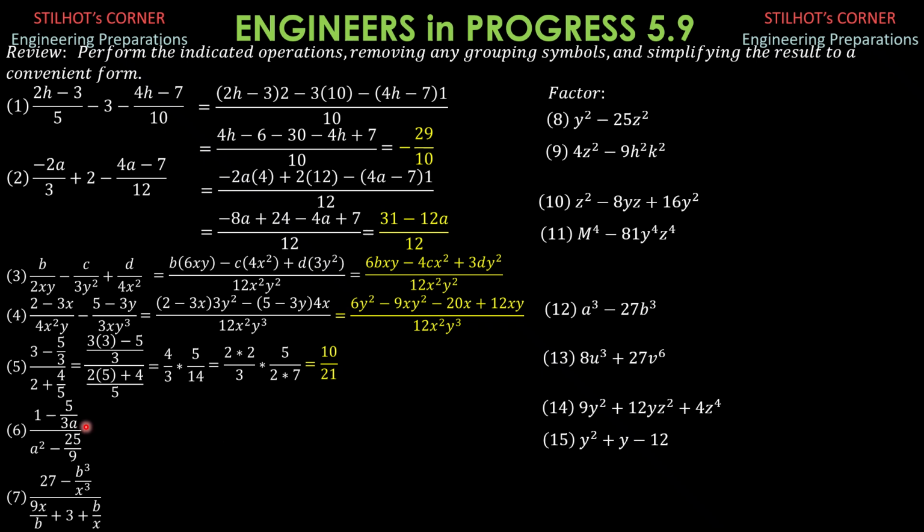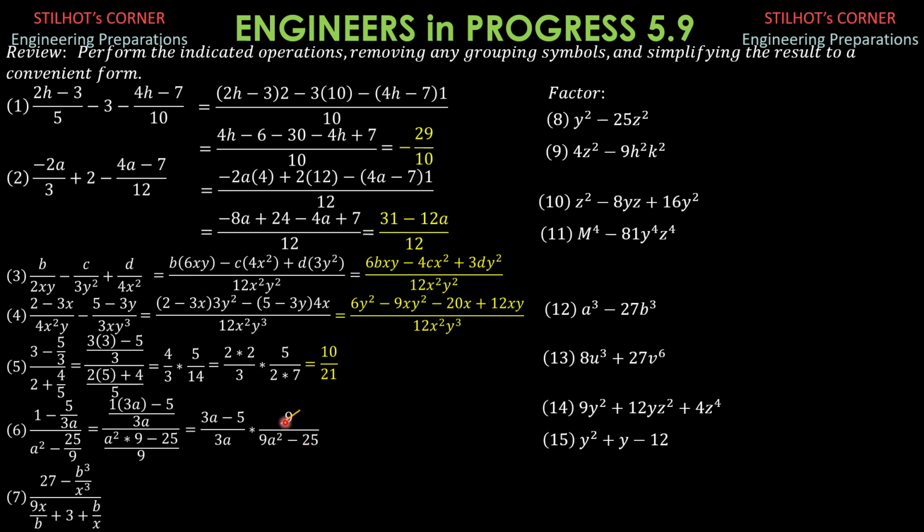Here, this is 3a times 1 minus 5 all over 3a, all over 9a squared times 9 minus 25 all over 9. So we have 3a minus 5 over 3a, then times the reciprocal of the denominator, which is 9 over 9a squared minus 25. And 9a squared minus 25 is a difference of two squares, quantity 3a squared minus 5 squared.